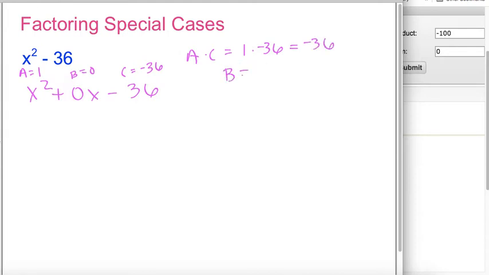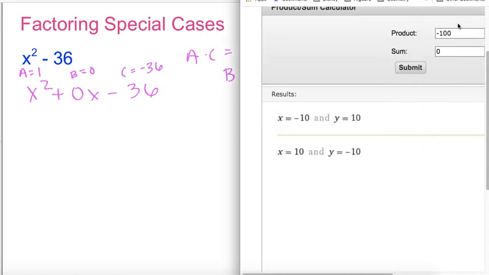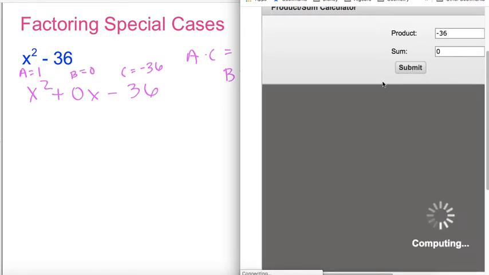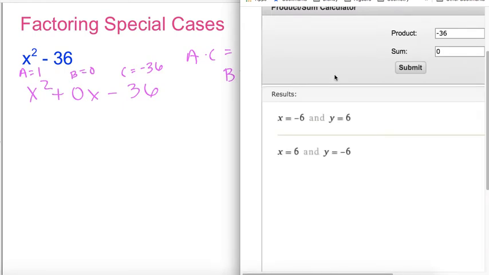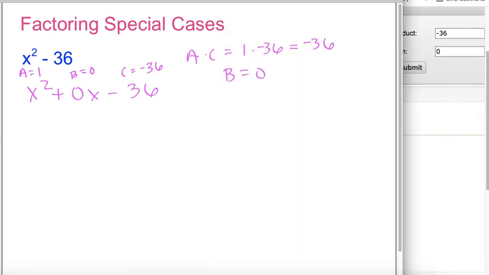B is 0. So we want to have a product of negative 36 and a sum of 0. So negative 36, sum of 0: negative 6 and positive 6. So negative 6x and a positive 6x.